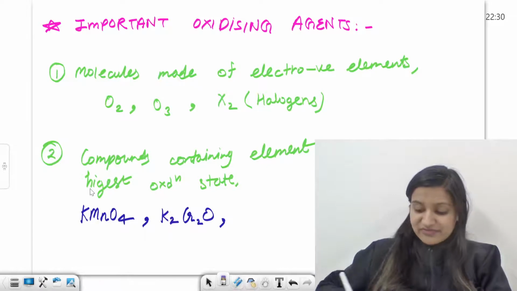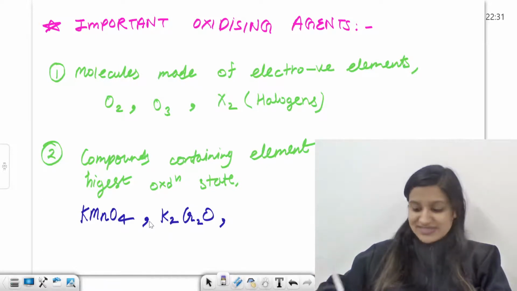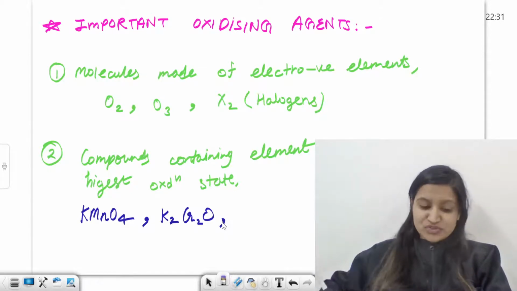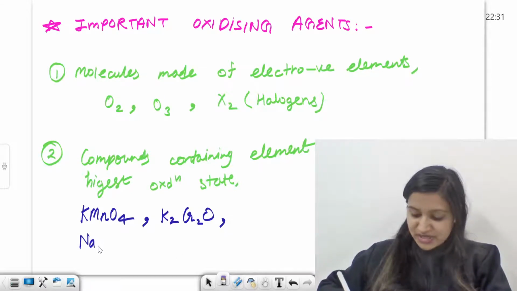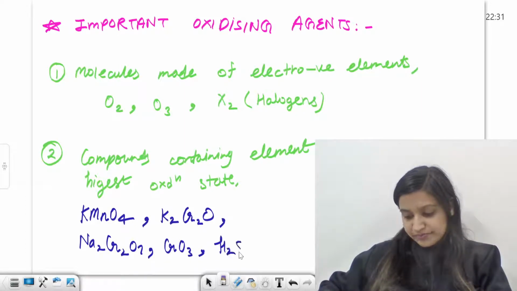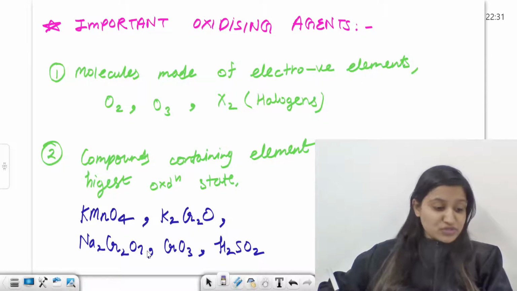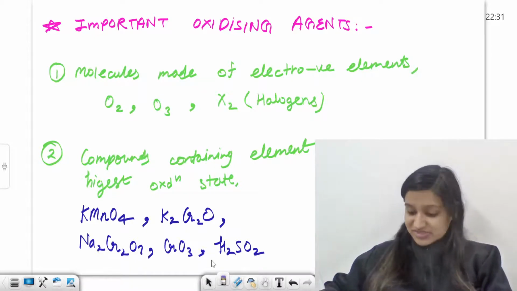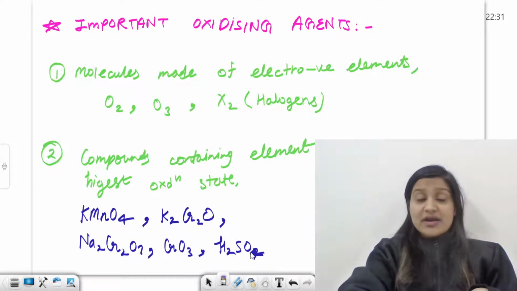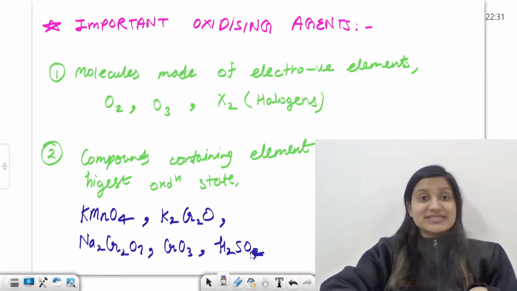I'll tell you later what the oxidation state is; right now just note it down. It will be quite useful for us. Na2Cr2O7, CrO3, H2SO4. These are all good oxidizing agents. So these are good oxidizing agents.